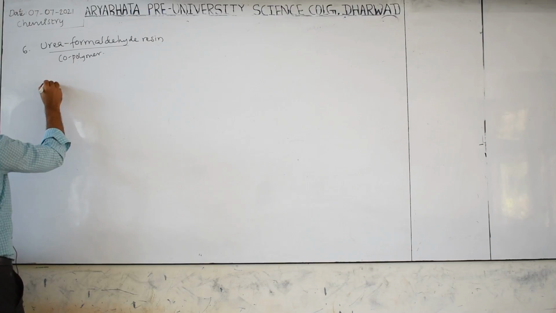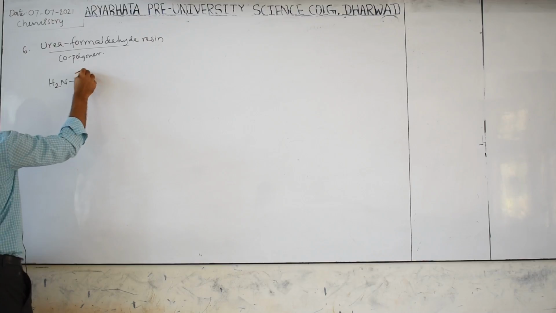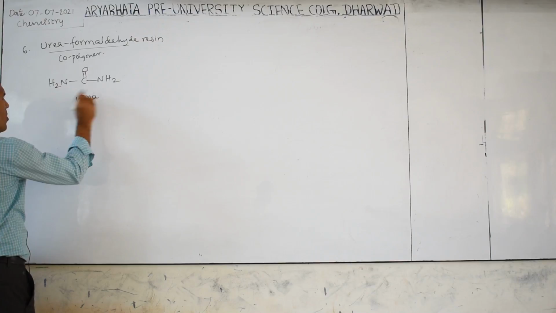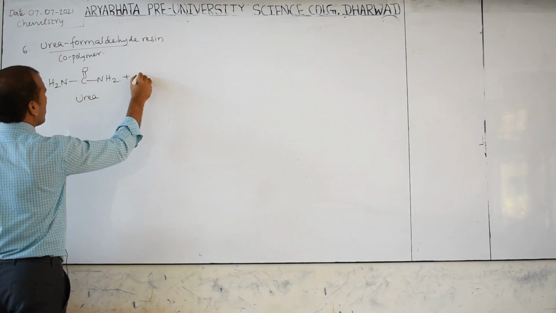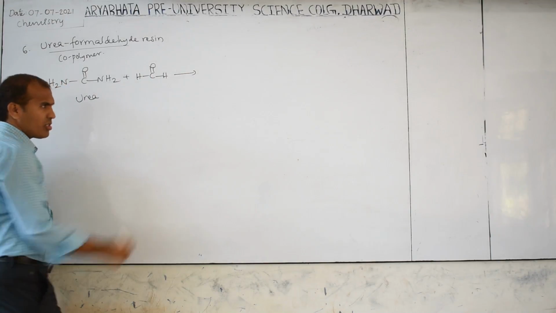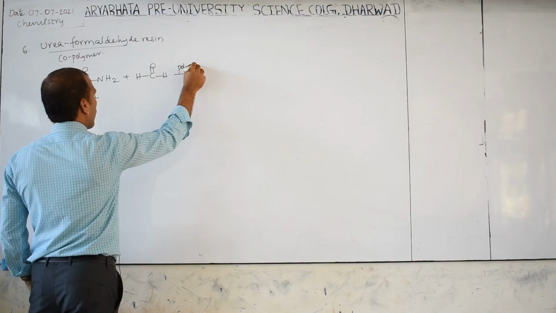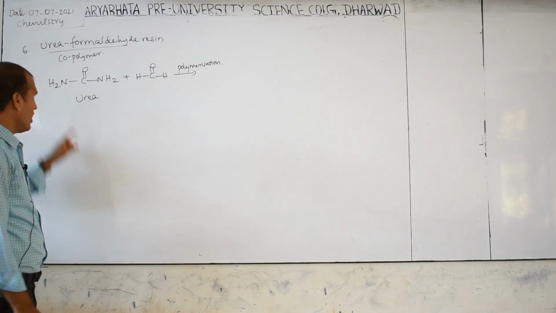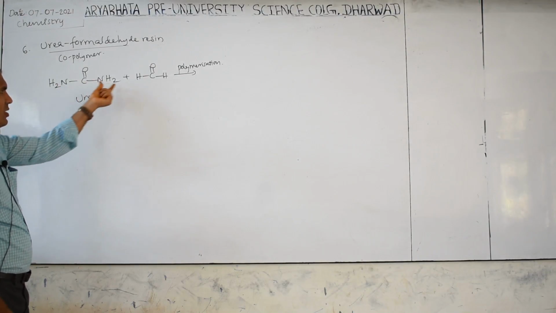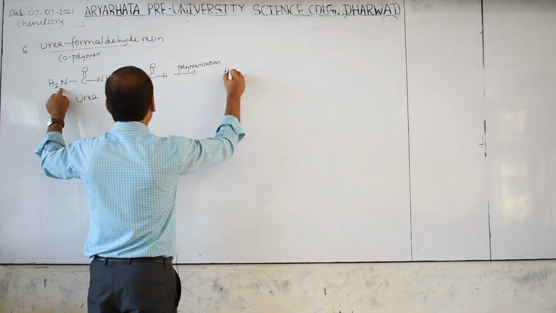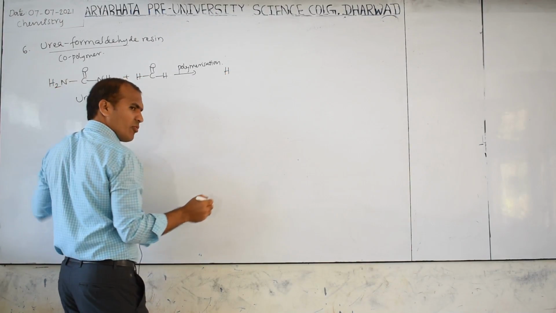This is a condensation polymer. You may know the urea formula, NH2C double bond O NH2. This is what you call urea. Formaldehyde you know, HC double bond OH. On polymerization, what will you get? First I will explain the right side. H, because one H is lost for the water molecule.